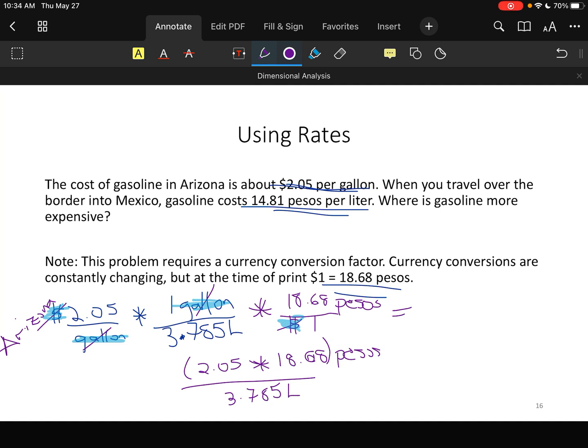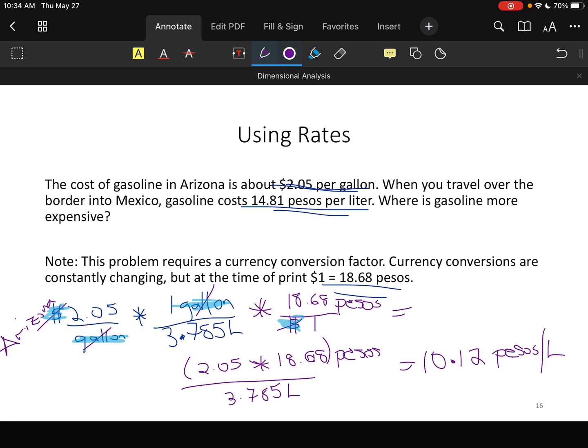So we take our calculator, we're going to do 2.05 times 18.68, and we're going to divide by 3.785. And we should end up with, we're going to go 2 decimal places, 10.12 pesos per liter. Now, that's the conversion.